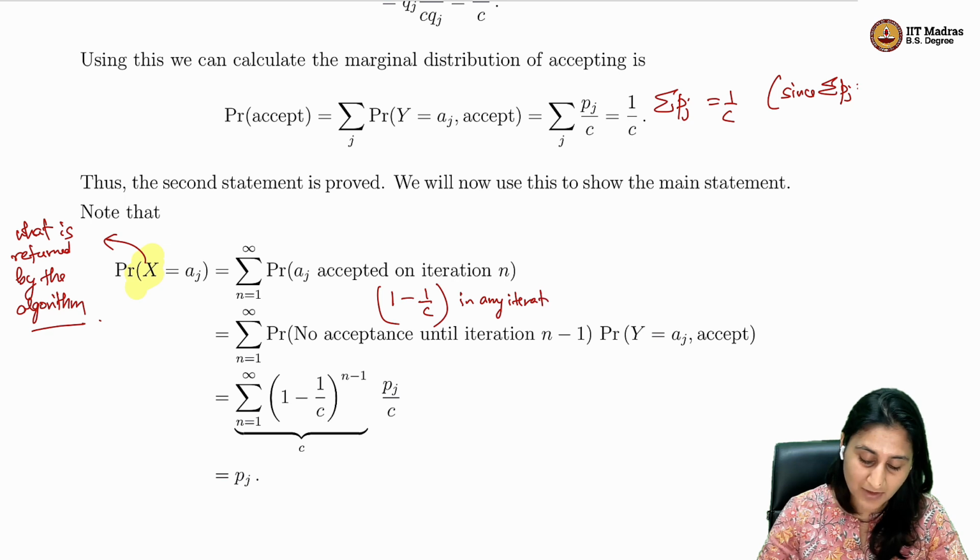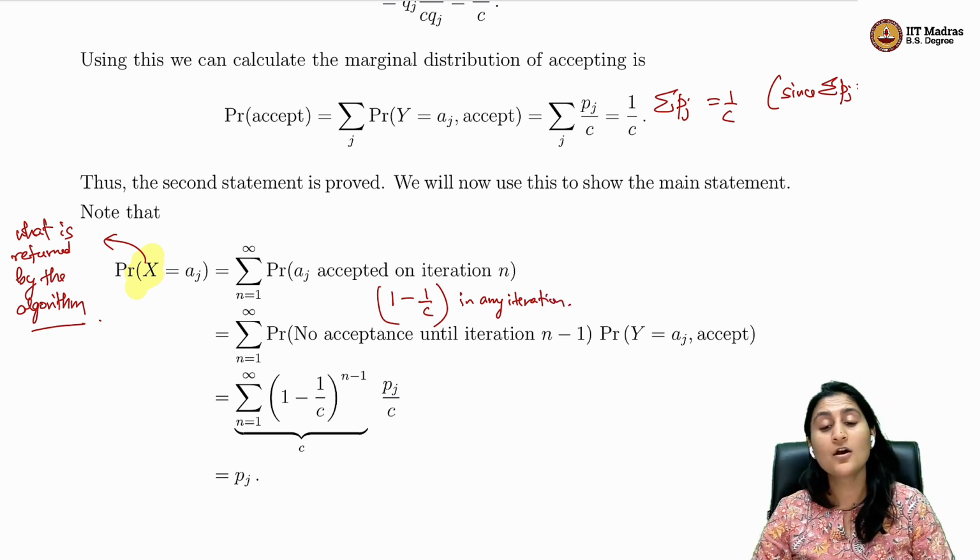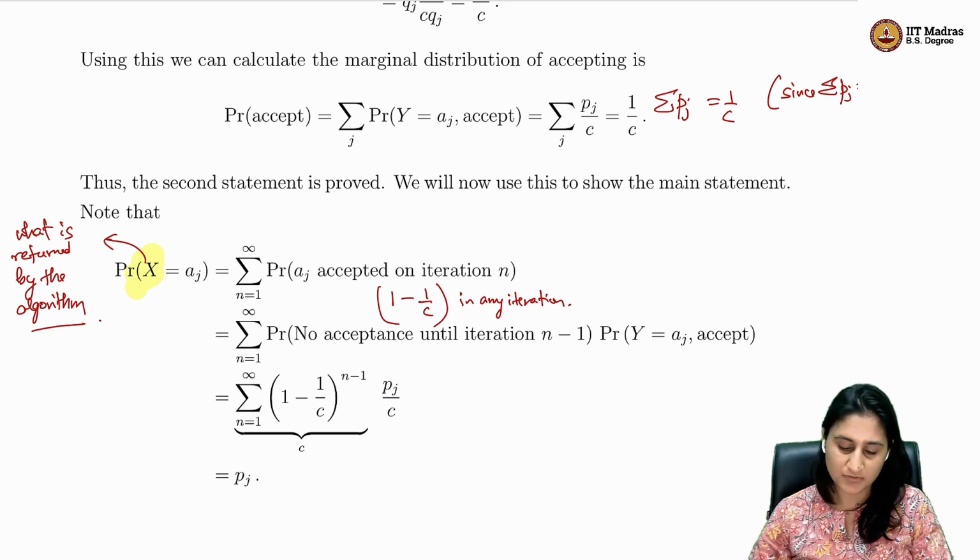But now this has to happen in all of the iterations, including iteration n minus 1. So that means I have summation n going from 1 to infinity, 1 minus 1 by c to the power n minus 1 times pj by c.